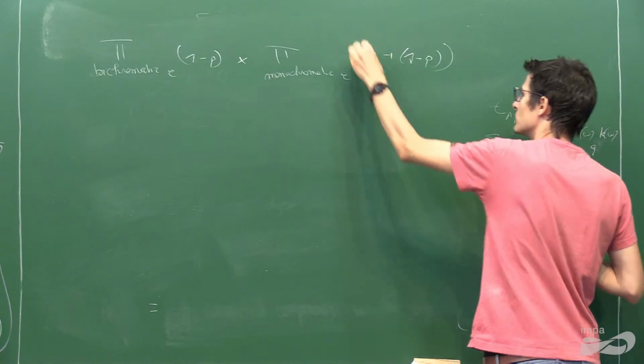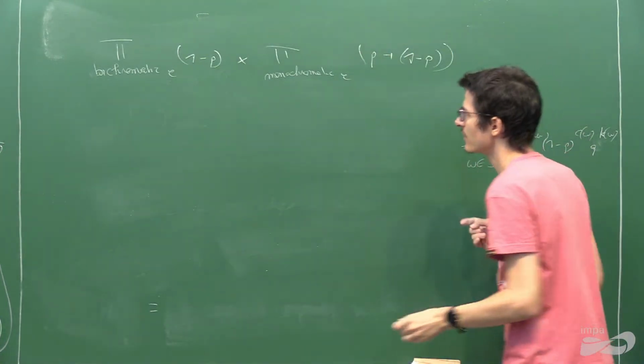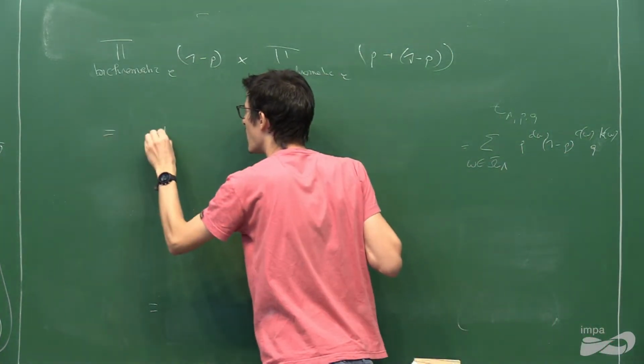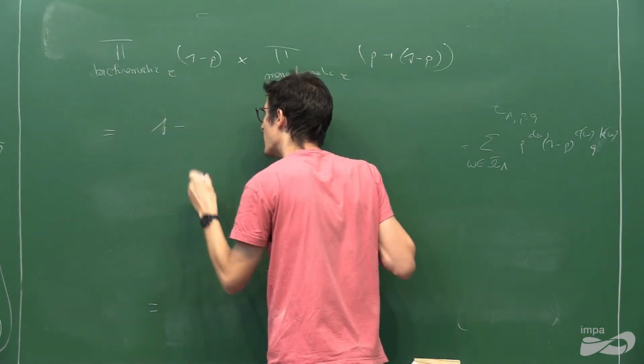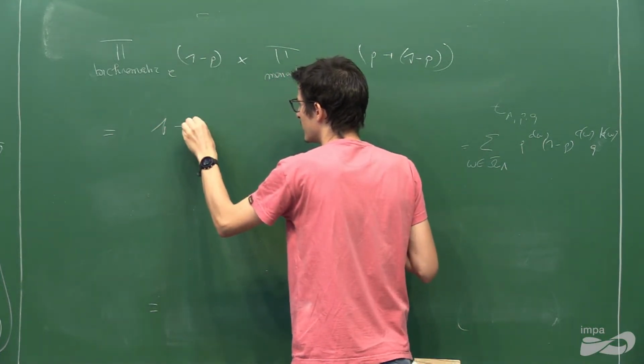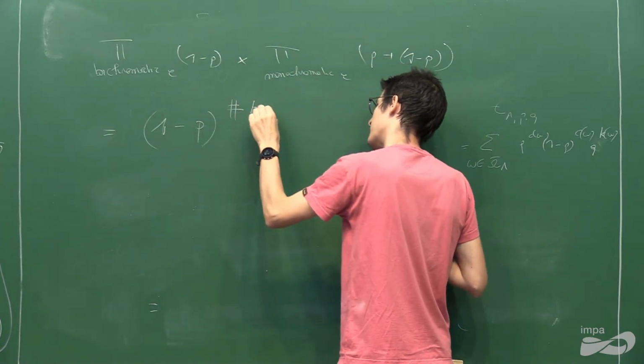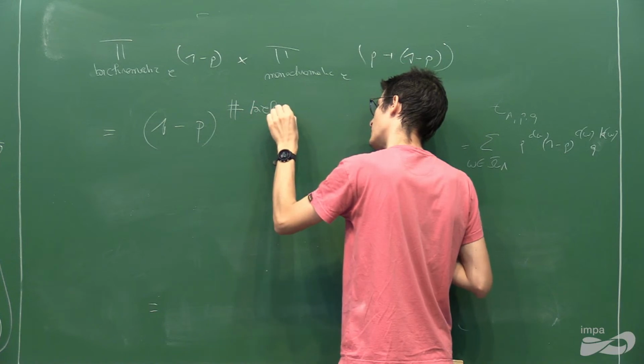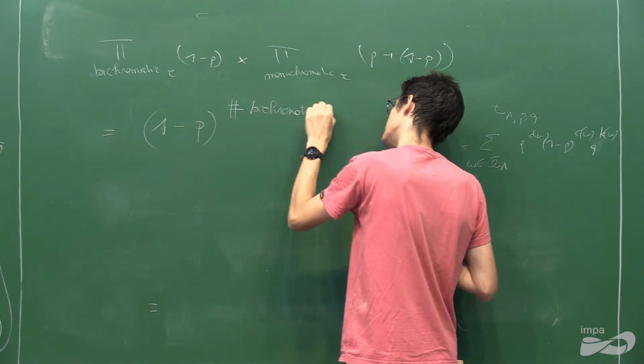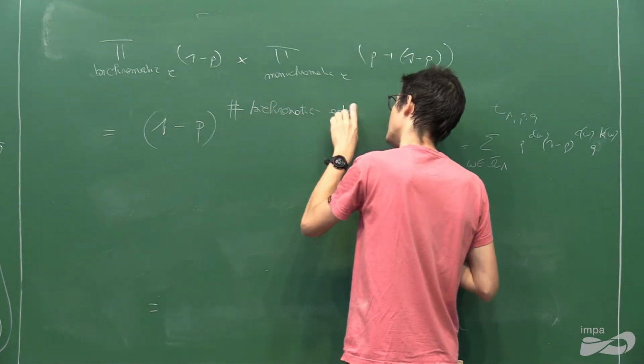This is what you obtain when you factorize the product. And so this is just 1 minus p to the power of the number of bichromatic edges.